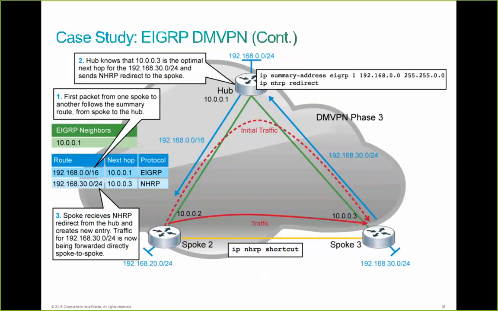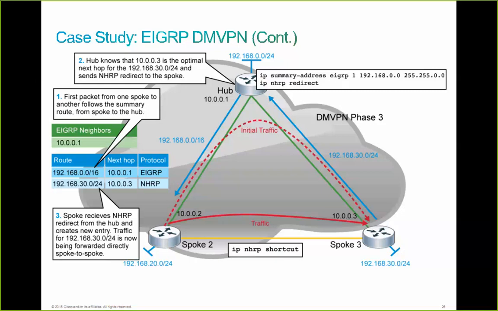And it's not that it was introduced in DMVPN Phase 3 or DMVPN Phase 2. It's been around from the beginning. But in Phase 3, there are enhancements and additional configurations in NHRP that allow the hub to issue what we call routing redirects to the spokes. Meaning that maybe the initial routing lookup goes through the hub, but then the hub instructs the spoke to utilize a different next hop for that particular routed traffic. All right?